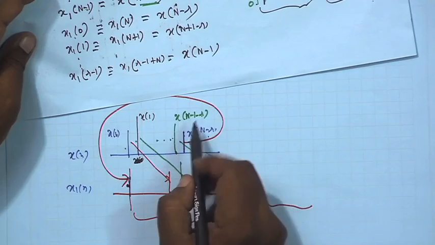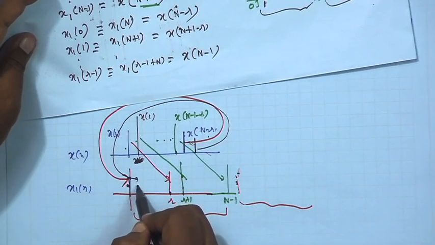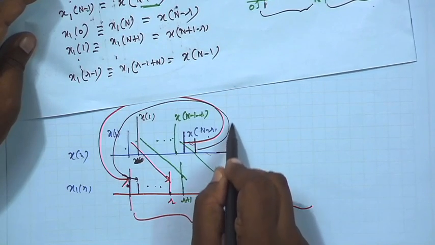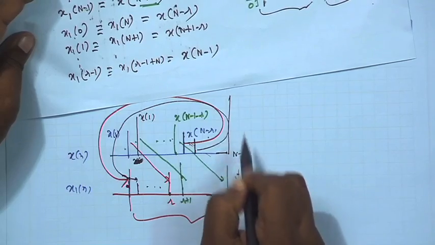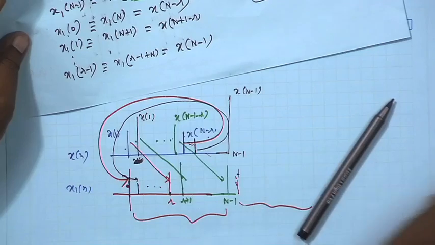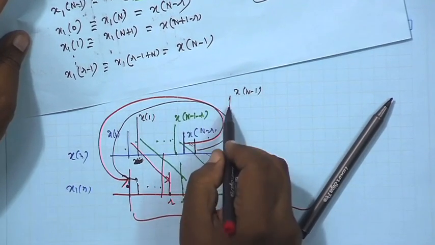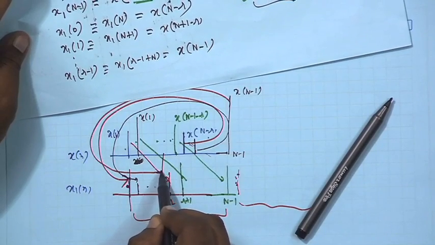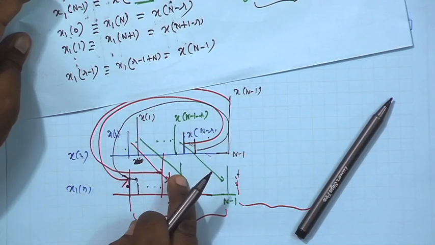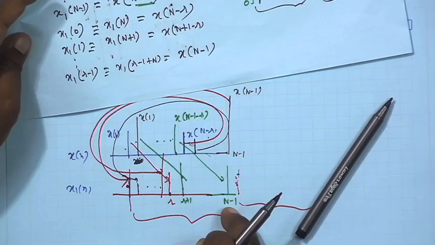Then the next guy, if the next guy is this much, this will come back to the next, dot dot dot, and finally at n minus 1, if it is x n minus 1, this comes at x 1 r minus 1. So, x 0 shifted by r, x 1 shifted by r to the right, dot dot dot, this shifted by r and it goes to the last point capital N minus 1.